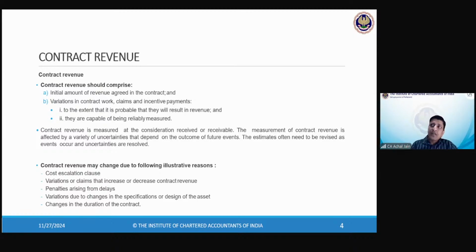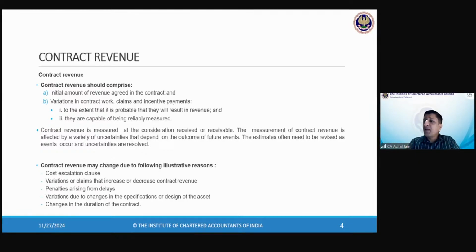Now, irrespective of the nature of the contract that we have, this contract revenue in terms of its components is required to be understood. So the first component is about the initial amount. Initial amount means the first amount to begin with, which is specified in the contract. That is called the initial amount agreed in the contract.